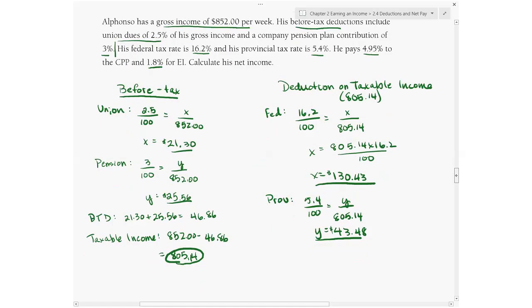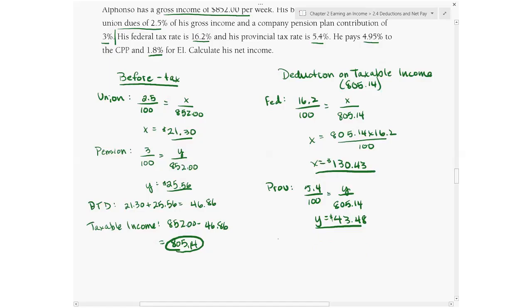And then he's got to pay CPP. CPP is 4.95%. So 805.14 times 4.95 divided by 100. So that's 39.85. I think I'm going to put little stars here because they're kind of getting lost in there.